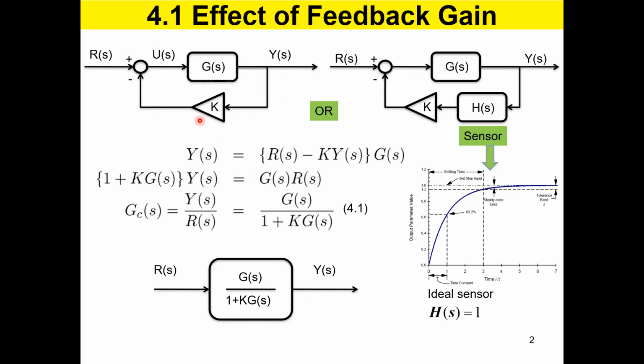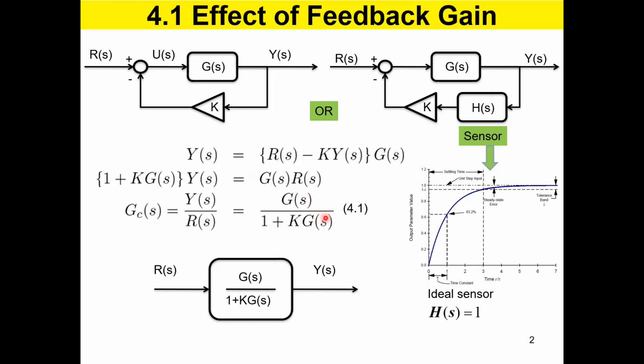Y(s) is equal to R minus KY(s) times G(s). Simple. So now you simplify this equation to get Y(s) over R(s). Then here you can see Y(s) over R(s) is equal to G(s) over 1 plus KG(s).